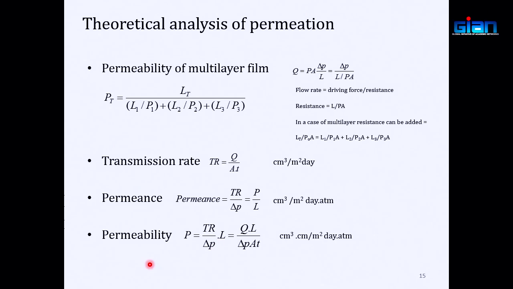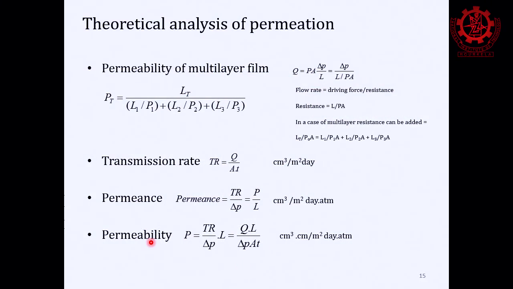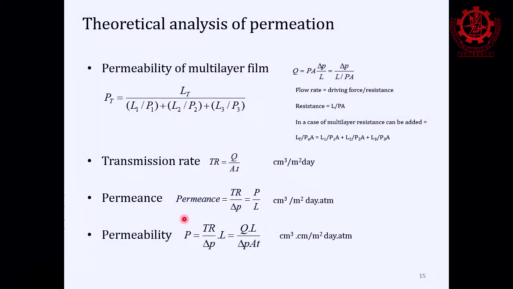When we are comparing from one material to another material, we would probably use permeability because that's the intrinsic property of the material. So if one material is better than another, we would compare using permeability. But for the same material, the amount of gas exchange would depend upon whether you are taking different thickness or different partial pressure of the vapor or the gases on different sides of the film.